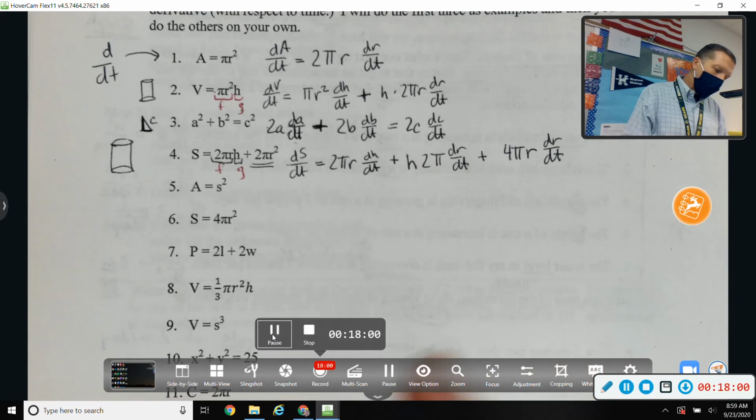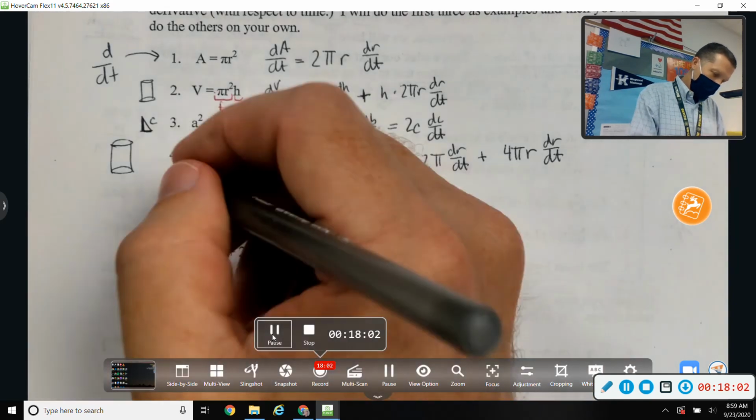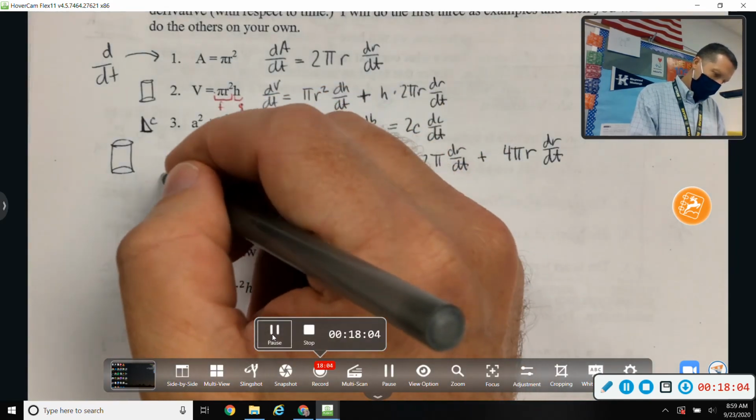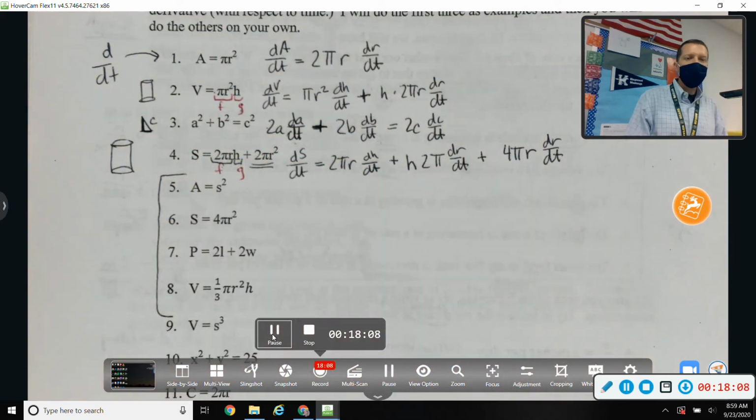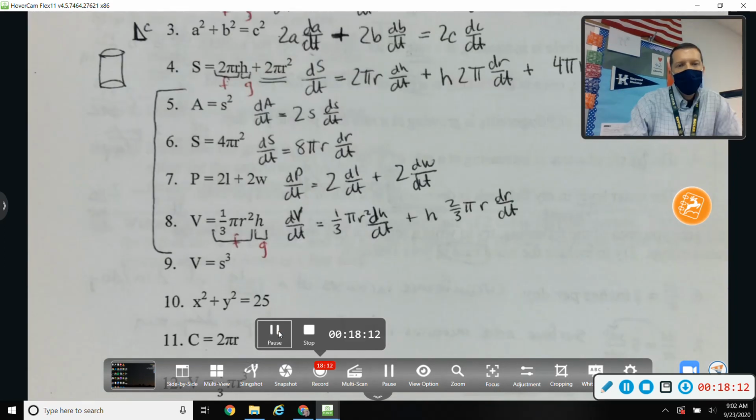Why don't you try 5, 6, 7, 8. You get a product rule in number 8. So try 5, 6, 7, and 8, and then we'll go over those. Okay, so there's 5 through 8. Unfreeze the screen so you can see them, which means you couldn't see them when I was doing them. So check those. Questions on any of those? I'll give you a minute. That's a lot to process and check.